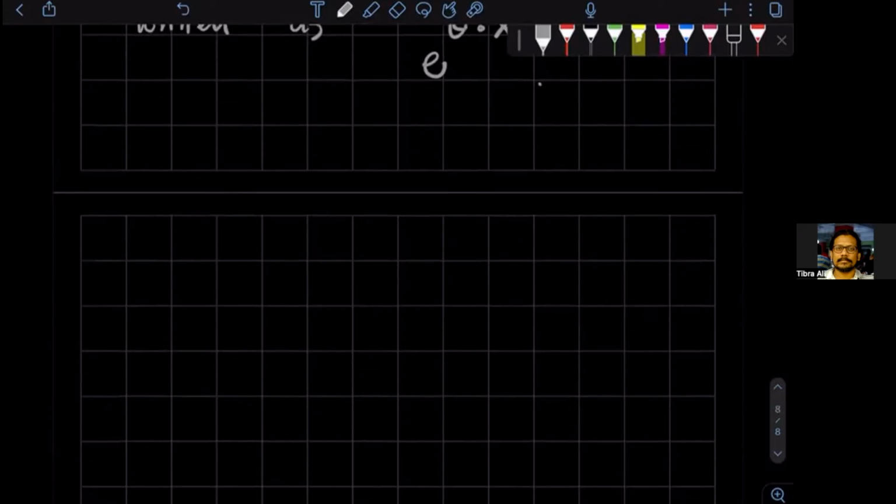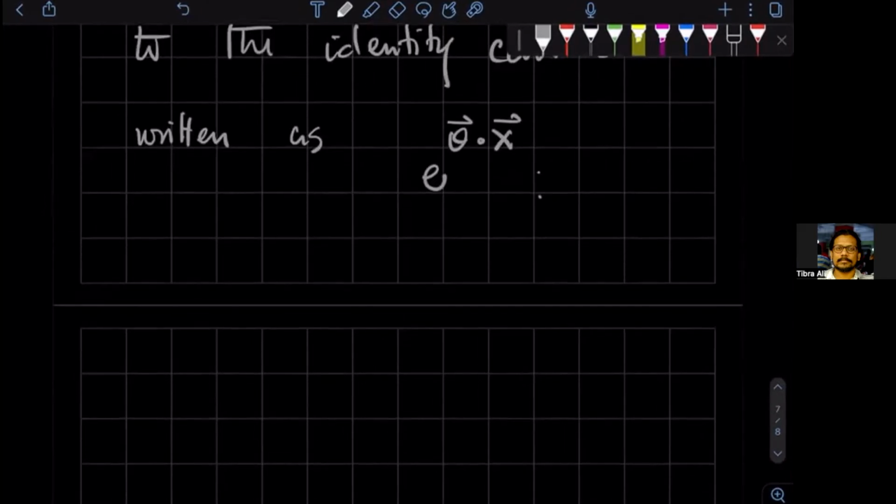All right, so now let's take the determinant of this element. So we write this as g of theta. So the determinant of g of theta, what is it?